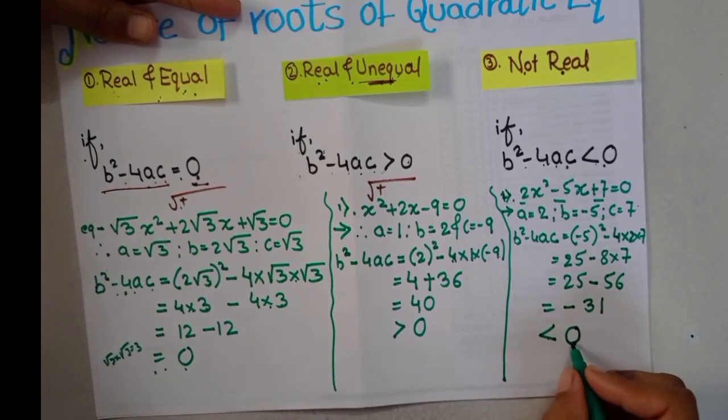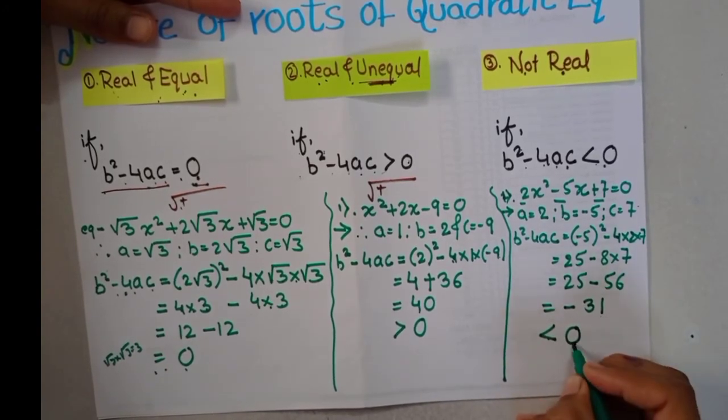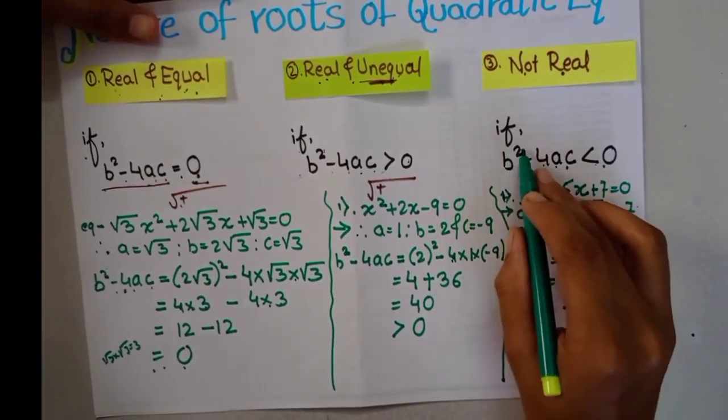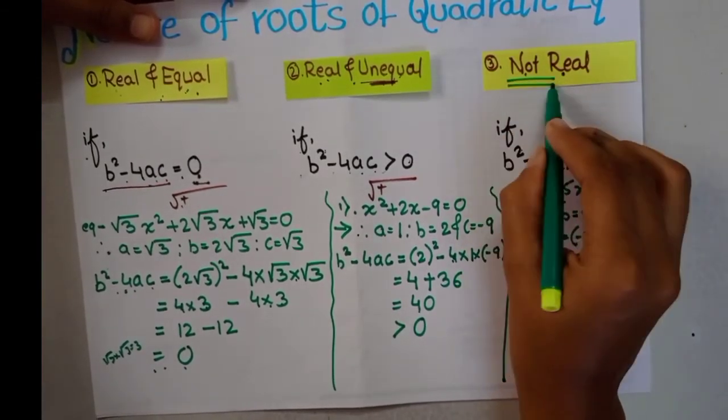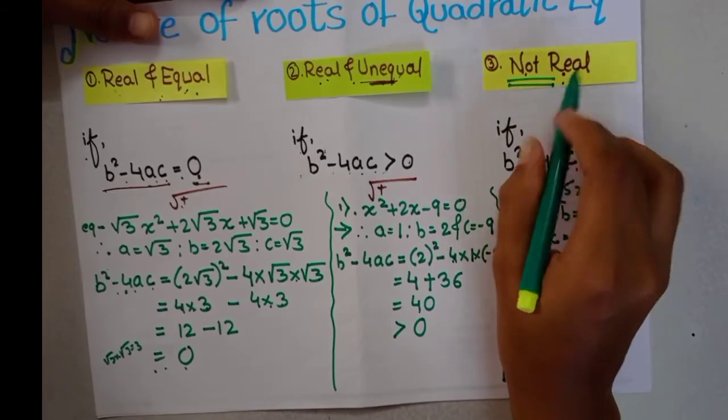Here minus 31 is less than 0, that is, b square minus 4ac is less than 0. Therefore, the nature of the roots is not real.